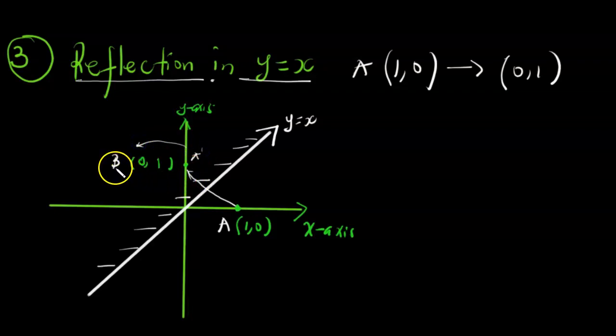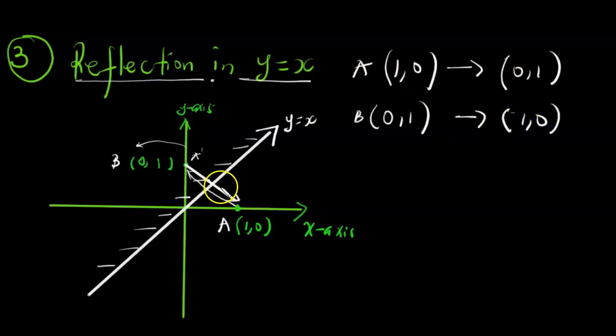And then the point B, which is 0, 1, is also going to be reflected exactly to the position of A, which is 1, 0.